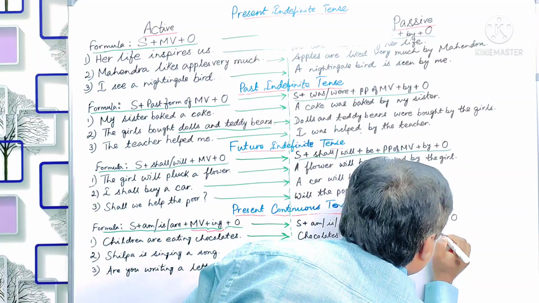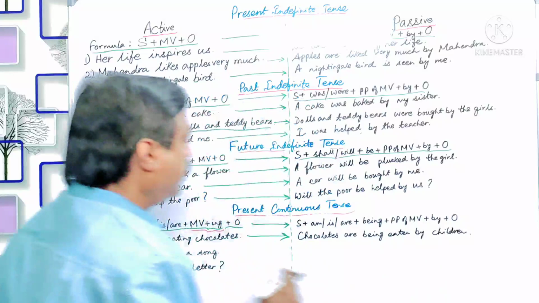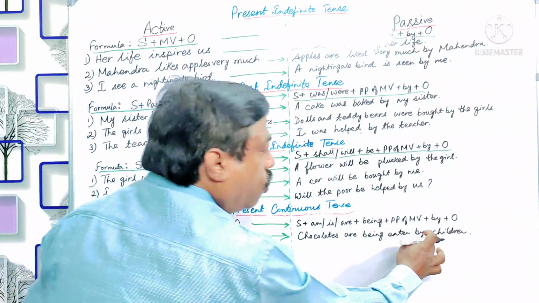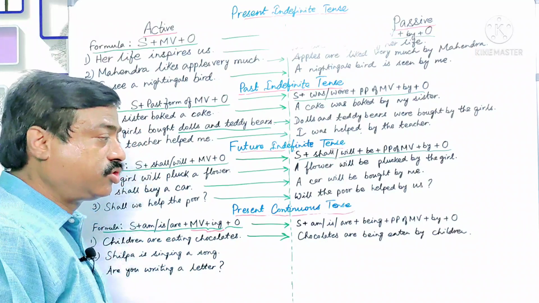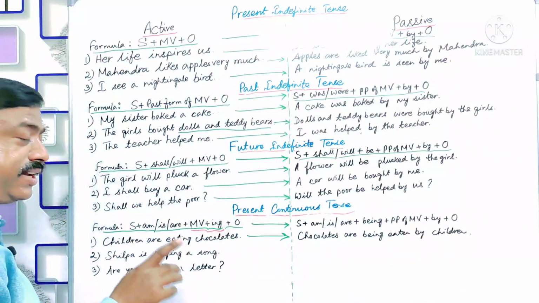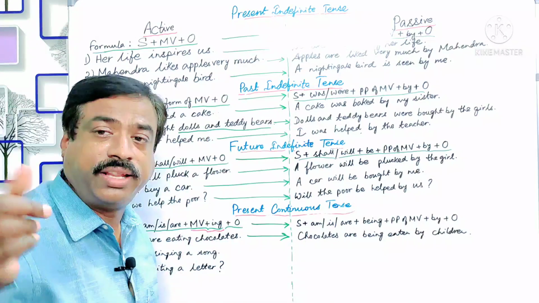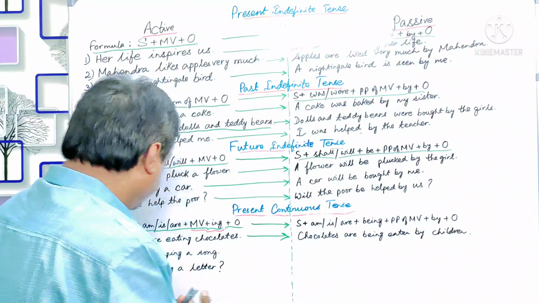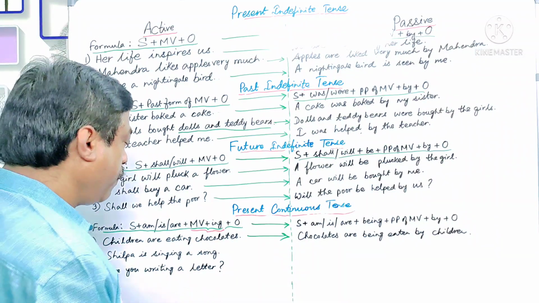By children. You see the sentence starts with children, so we have written children only, we haven't used the. Sometimes students make a mistake by writing the children. If your sentence in the active voice starts with the children, then here in the passive voice you can write the children, otherwise not.